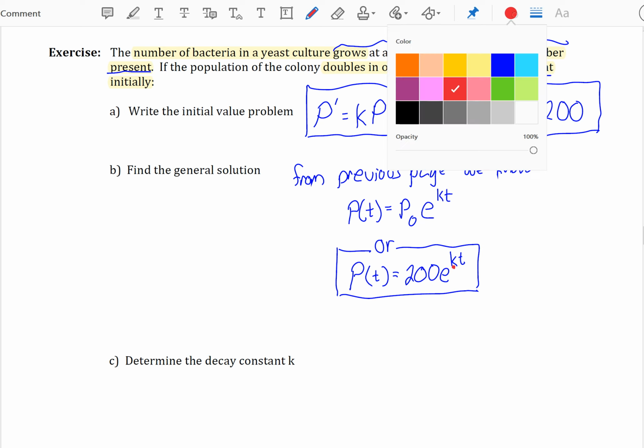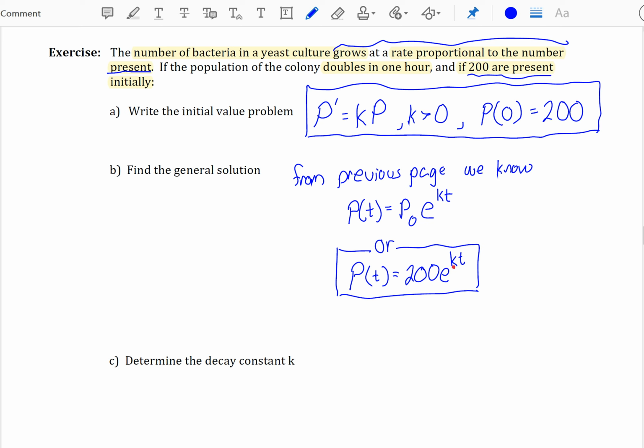To determine the decay constant, I'm going to use another part of the problem that tells us that the population doubles in 1 hour. Now the fact that it doubles in 1 hour says P of 1 hour would have to really equal 400 bacteria. Remember, we started with 200 initially, and it doubled in 1 hour, so now there'd be 400.